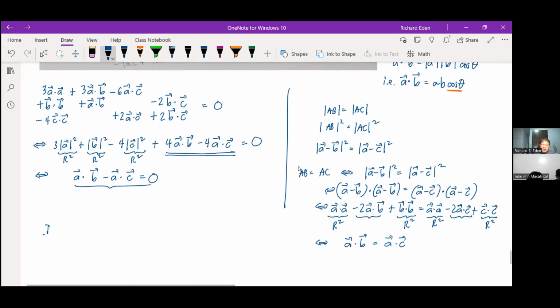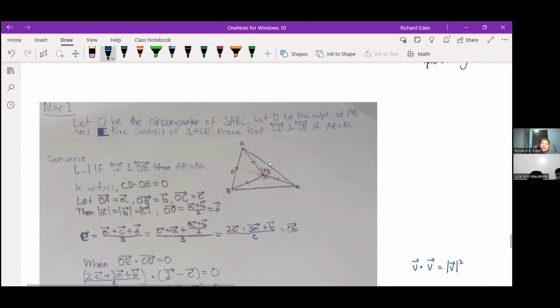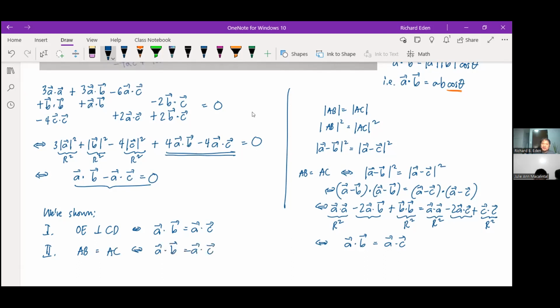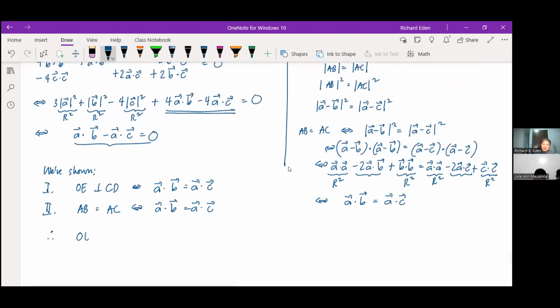What we've shown is that OE and CD are perpendicular if and only if A dot B equals A dot C. And then in part two, from the panel on the right side, we've shown that AB equals AC if and only if, hey, it's something similar, A dot B equals A dot C. And so therefore, we can conclude that indeed OE and CD are perpendicular if and only if AB equals AC.